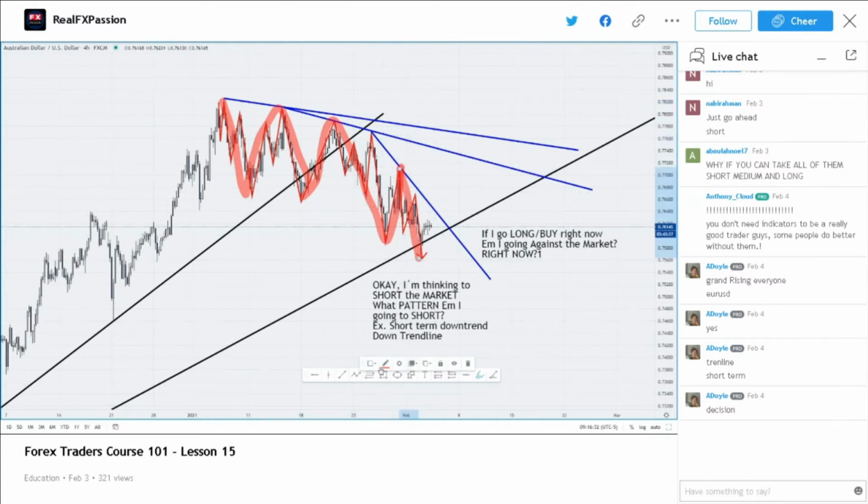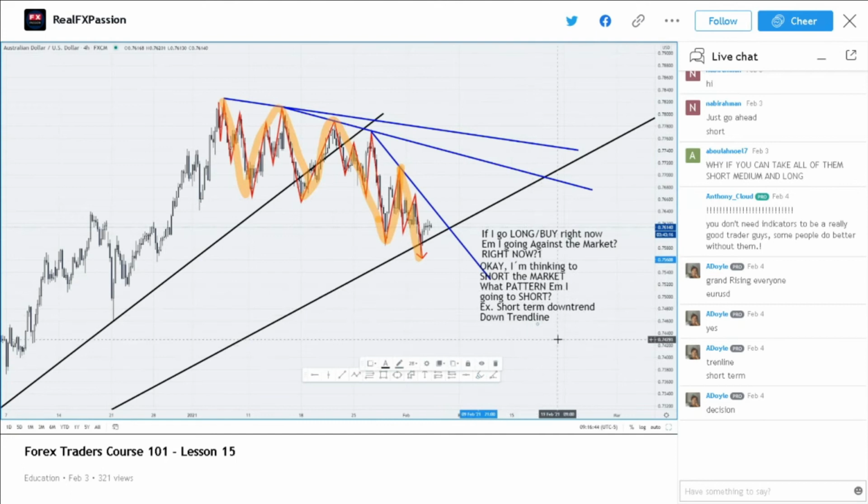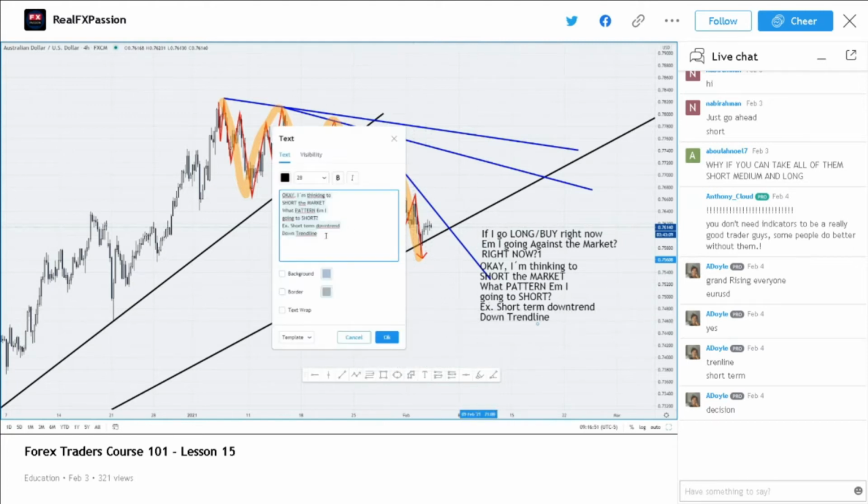So we have also the small market wave. So we can short the short-term downtrend, which is the red. We can short the blue, which is the downtrend line, or we can short the short-term market wave or down wave, right? Down wave. Okay.